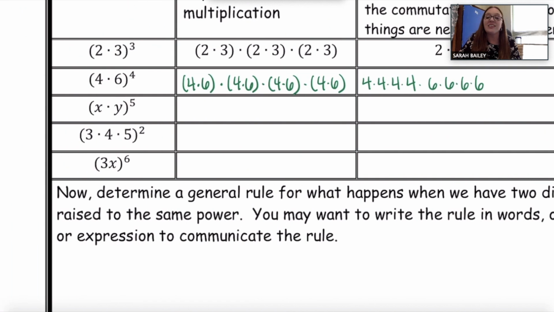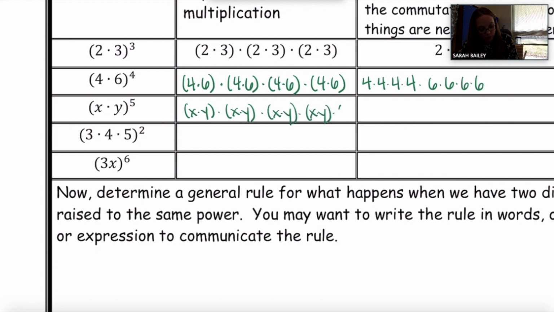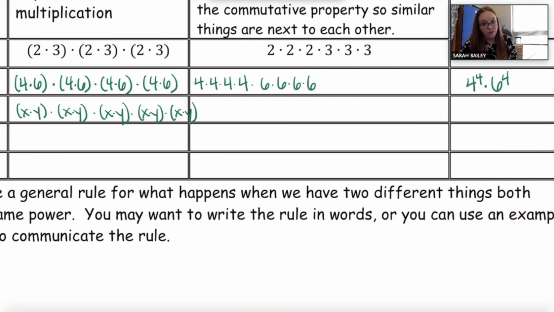If I have x times y to the 5th, so I'm going to have 5 groups of x times y. Actually, you know what? I'll write it just as they've done it. So I have 1 group, 2 groups, 3 groups, 4 groups, and 5 groups. And again, I can drop the parentheses and rearrange it so all the x's are together and all the y's are together.